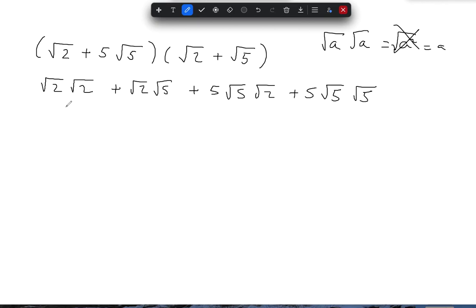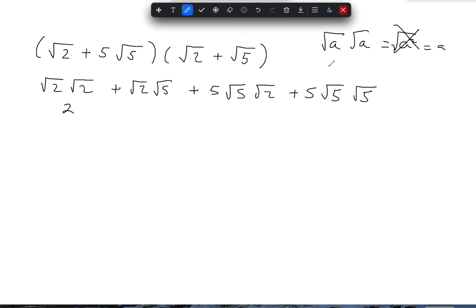So root 2 times root 2, you could write down root 4, but I find that people either write down a plain 4 or write down a root 2 and get mixed up. So if you just realize root 2 times root 2 is 2, that's the best possible case. And that is because root 2 times root 2 would make square root 4, and square root 4 is 2. It's just less steps and less places to make an error.